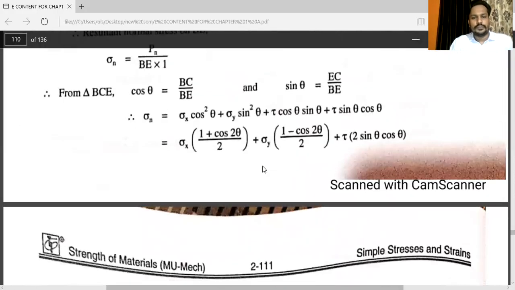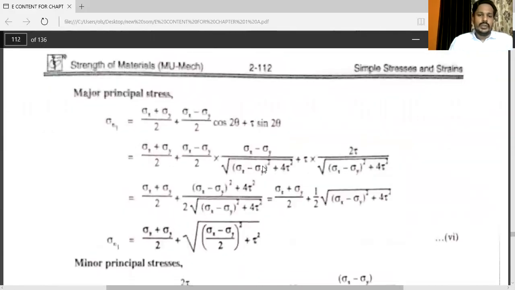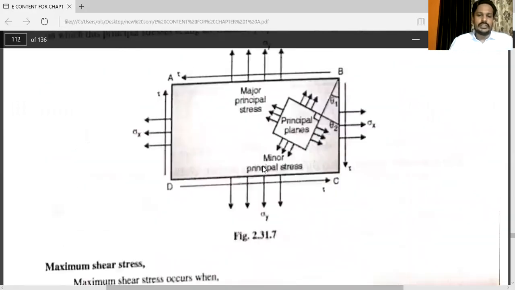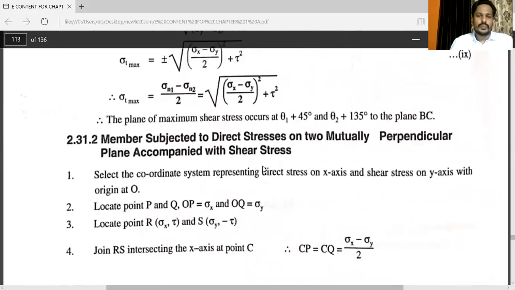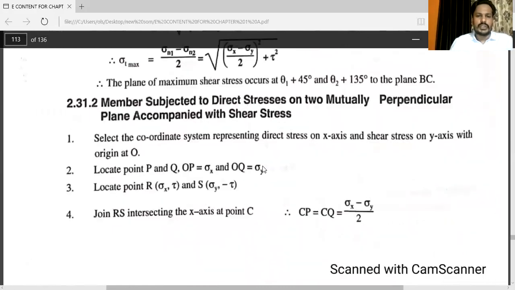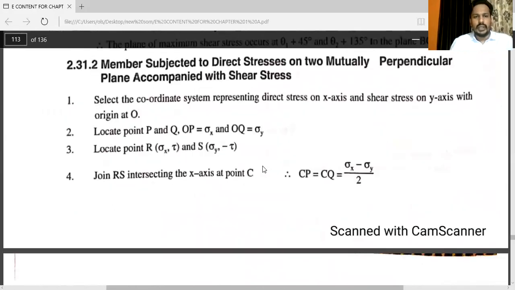So for this, we have some formulas. Member subjected to direct stresses on two mutually perpendicular planes accompanied with shear stress.